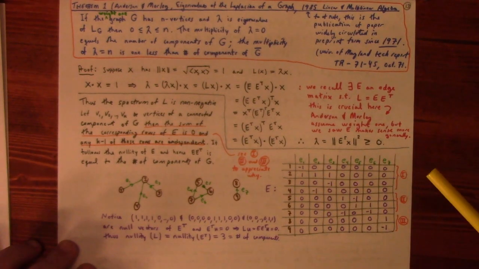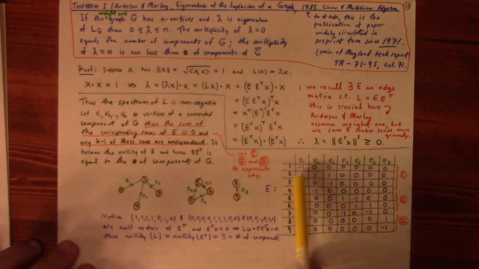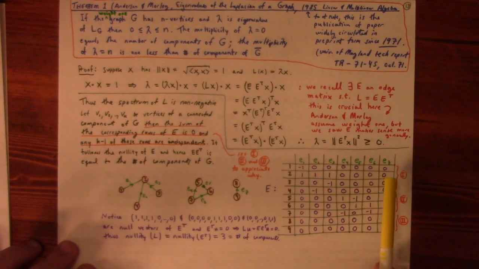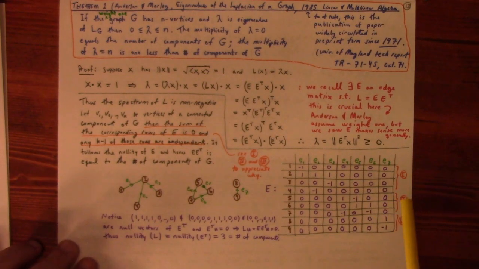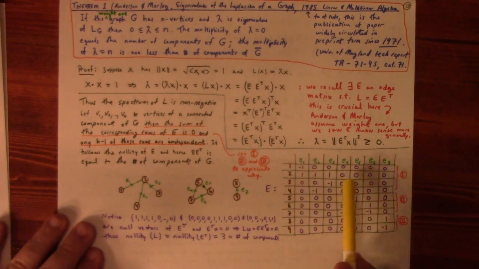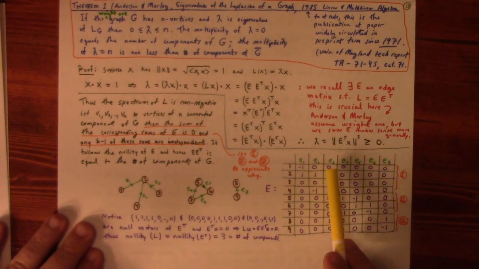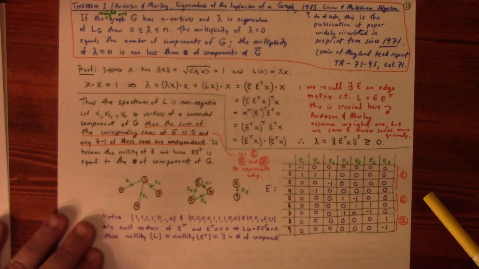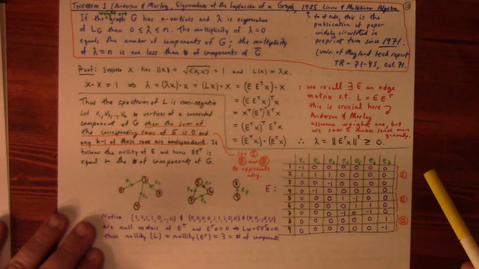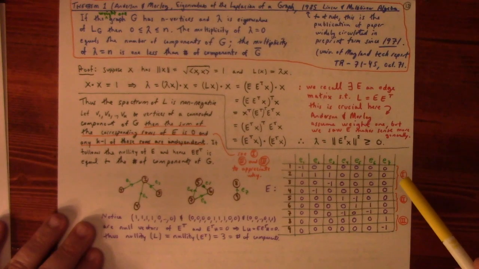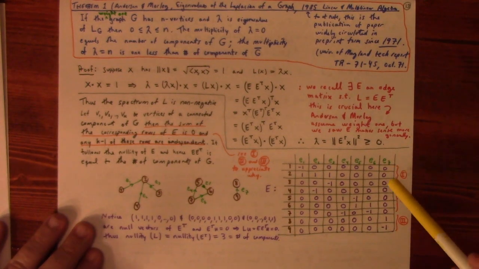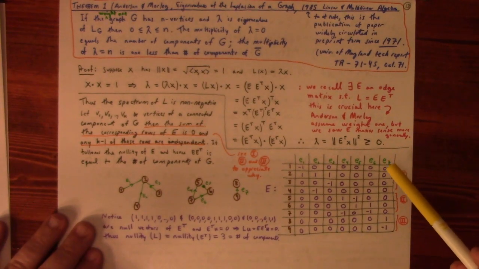And it's also clear that if you take out any one of these rows, you'd still have independence. It doesn't matter which one you delete, the remaining 3 are independent. So that goes to show that there are k minus 1 linearly independent rows.